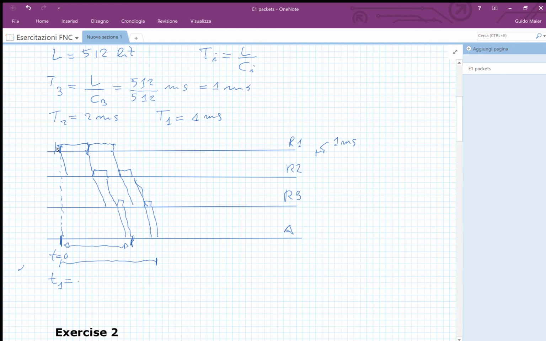So it will be T1 plus tau1 plus T2 plus tau2 plus T3 plus tau3. This is quite simple. And the final result is 4 plus 2 plus 1 plus 1 plus 2 plus 1. It will be 11 milliseconds.